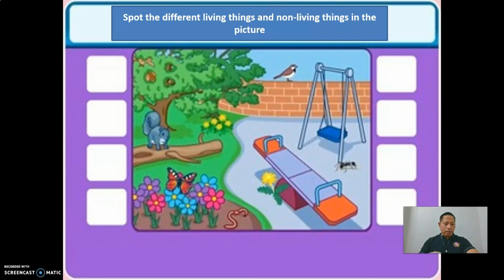Okay, 1 minute and 40 seconds. But you can pause this video so that you can have more time to find those living things and non-living things. I encourage the parents, please help your child so that they can find them more easily.